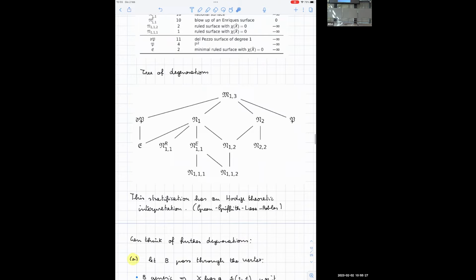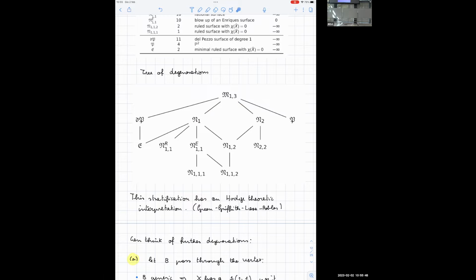I have here a picture with the possible degenerations. Again, this is the smooth case, and you can degenerate to one elliptic singularity of degree 1 or 2, and they have a common degeneration to 1 and 2. So you can read this for yourself.